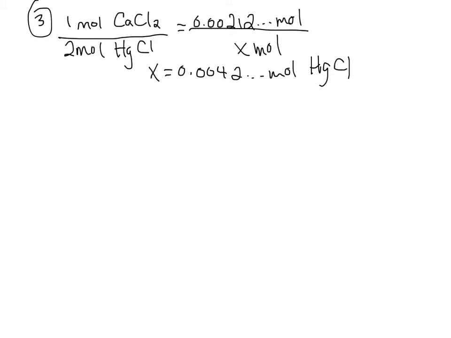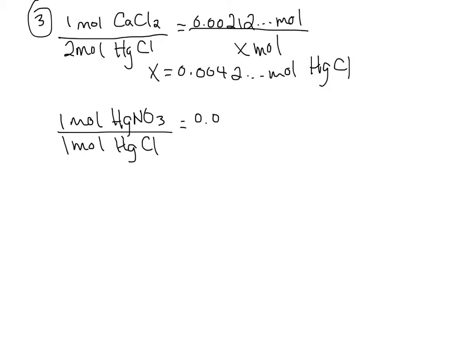If we do the same thing with our mercury(I) nitrate, if we set up the mole ratio, you're going to notice that it's a 1-to-1 ratio. That means that the number of moles of mercury(I) chloride that we produce is going to be the same as the number of moles of mercury(I) nitrate that we start with.